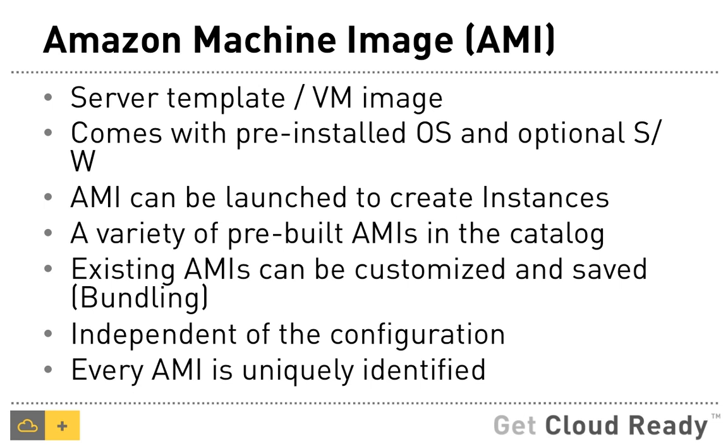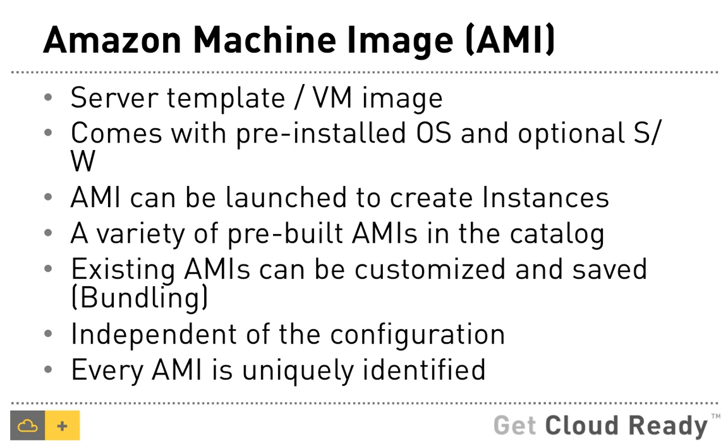Once you understand the concept of region and availability zone, the third important concept to understand is the Amazon Machine Image. So Amazon Machine Image is primarily a template or a virtual machine image. This comes with a pre-installed operating system and sometimes optional application software.